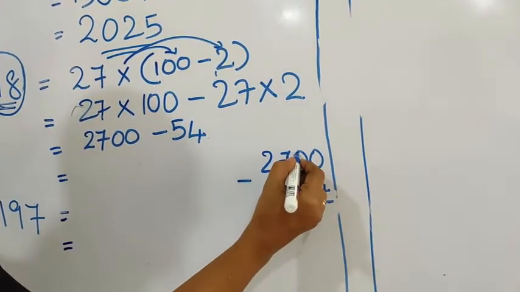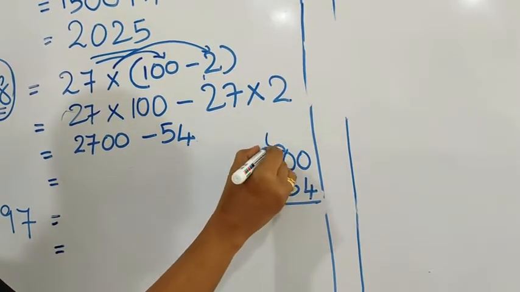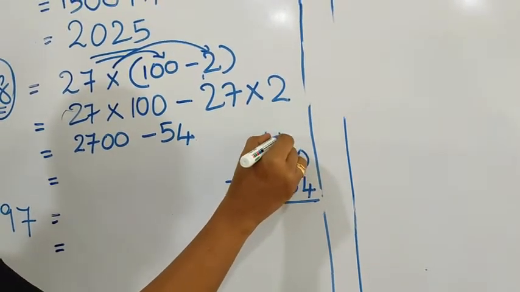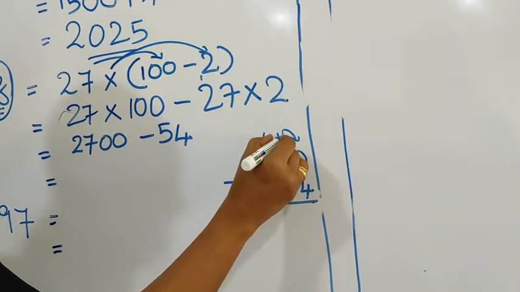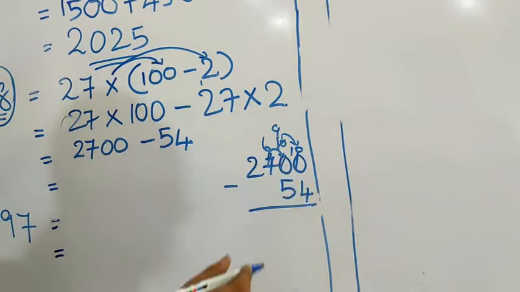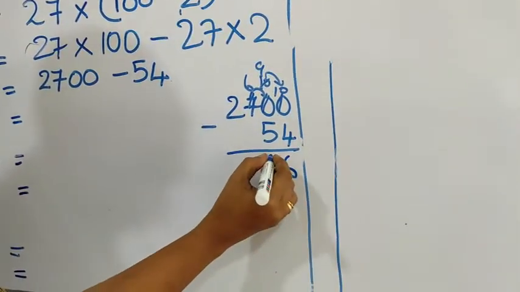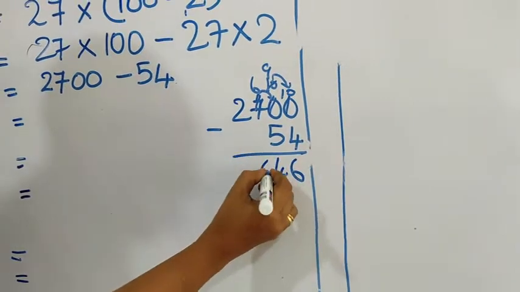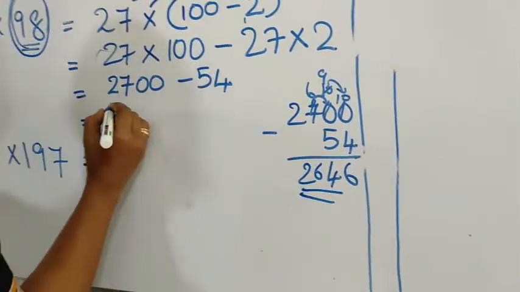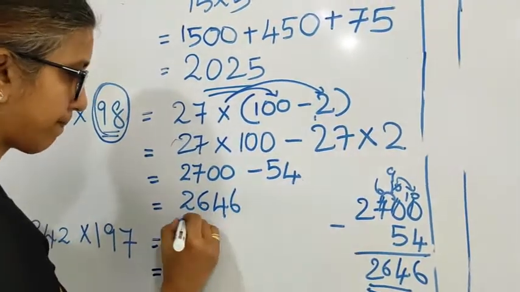I cannot borrow from 0. From 7 I have to borrow to 0. So 7 will become 6. 0 will become 10. From 10 I am again borrowing. So 10 will become 9 and this 0 will become 10. 10 minus 4 is 6. 9 minus 5 is 4. 6, 2. So your answer will become 2646.